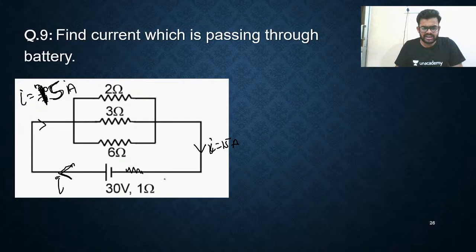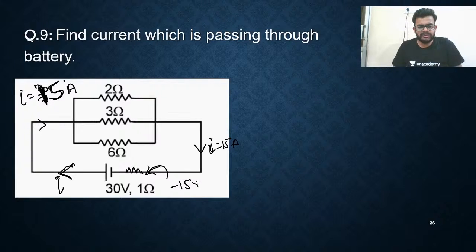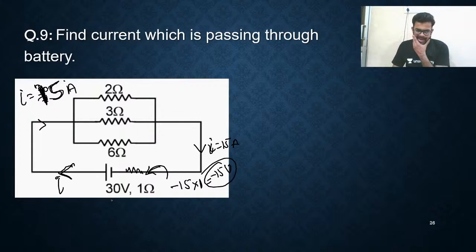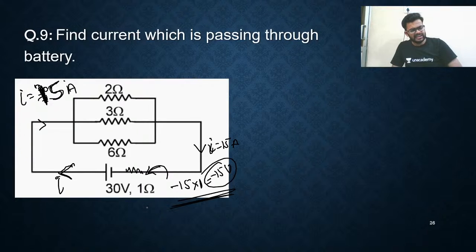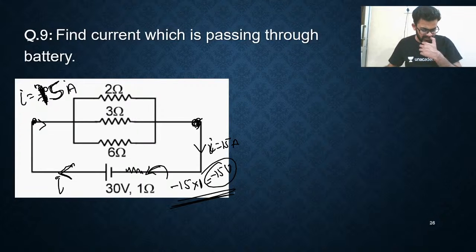This internal resistance will consume V is equal to IR, I means 15 into R means 1, so 15 volt. So the total 30 volt is given by the cell and 15 volt is consumed by the internal resistance. So the voltage left across these three parallel resistances is only 15 volt, 30 minus 15.